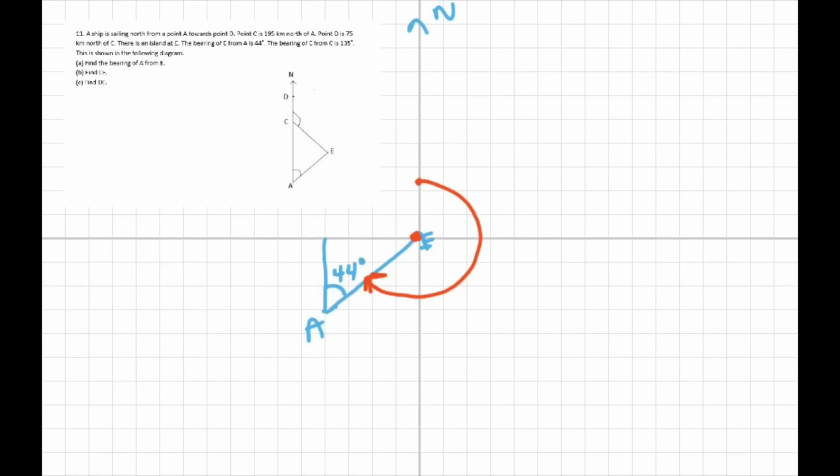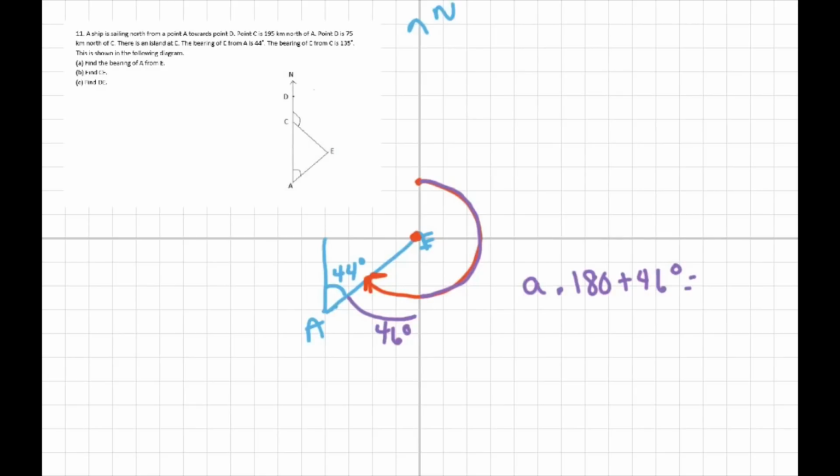So if this is 44, then we know this piece right in here is going to be 90 minus 44, which gives you 46. And then you're going to have to add this 180 to it. So for A, the bearing's going to be 180 plus 46.